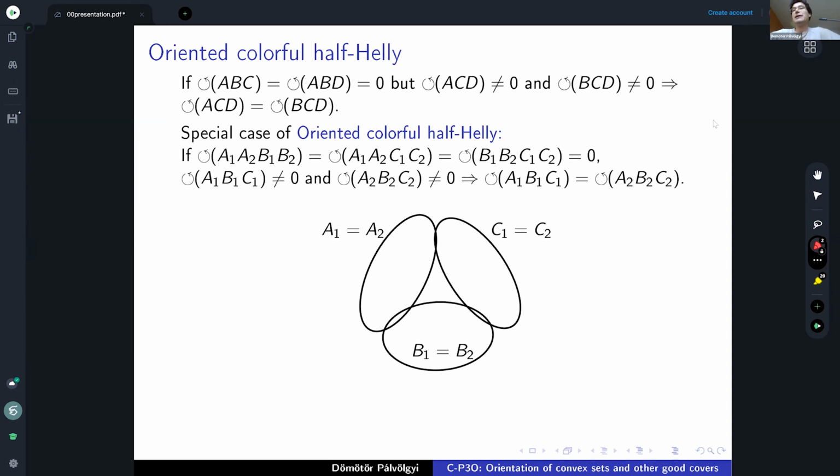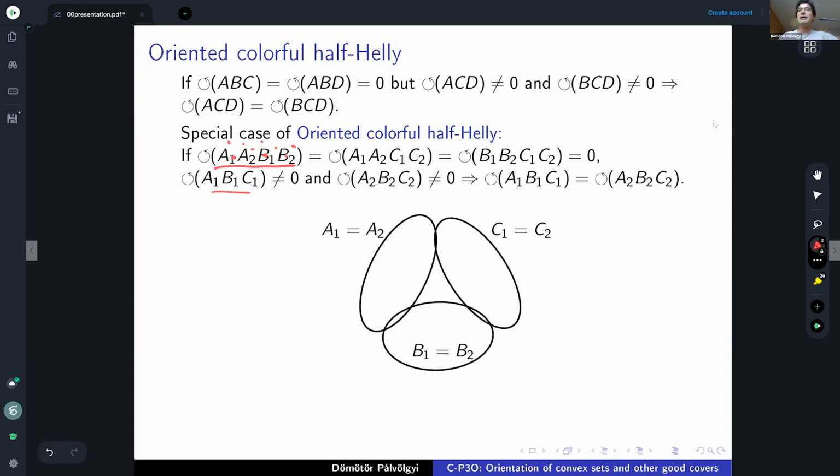I called it oriented colorful half Helly because you have 3 groups of 2 sets, but you don't have conditions for transversals. Oh, sorry, this is a shorthand notation. This means that these 3 intersect and these 3 intersect, so any 3 intersect. So whenever you take 2 sets from one family and one from the third one, these will intersect.